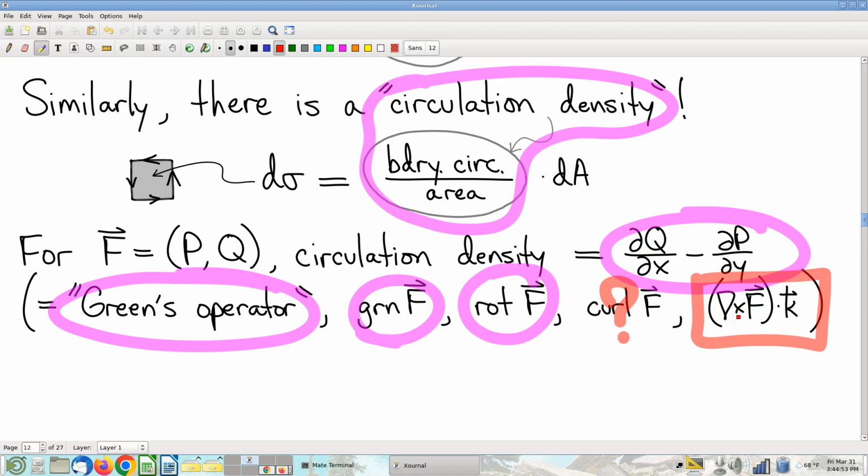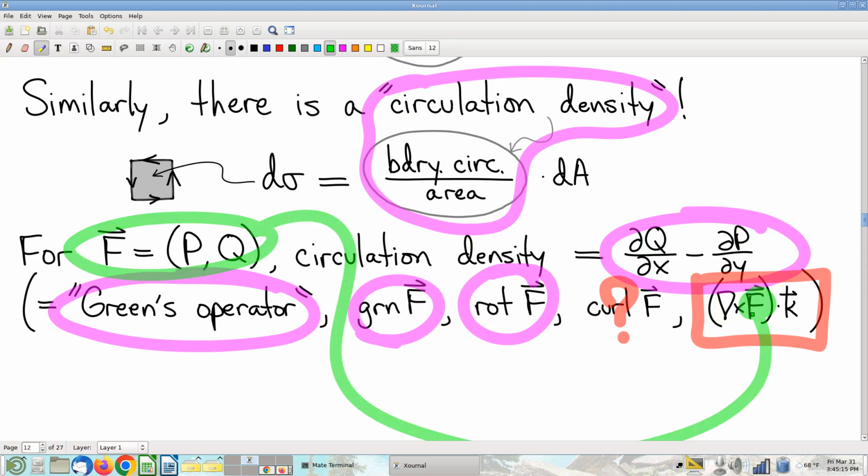Now, I'm all in favor of the idea of symbolic notations, the way we've written determinant, the way we've written cross products, the way we've written curl, in fact, in the first place. It's all kind of symbolic. The real problem here, though, is that this vector, P comma Q, only has 2 coordinates.